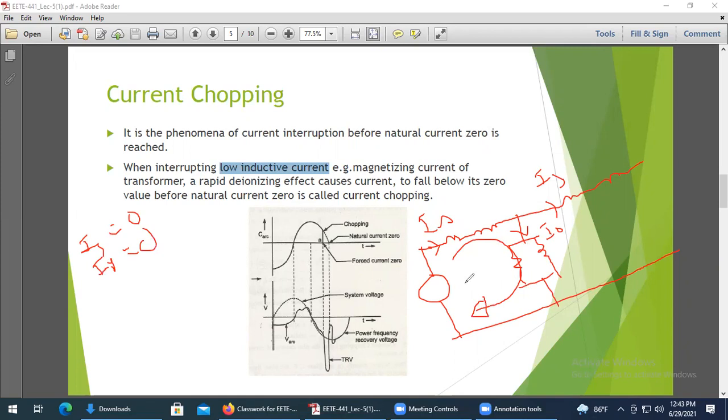Because of the no load component, now take a closer look. The secondary terminal is open here, so no current is flowing through the secondary terminal, but there will be a current in the primary winding because the transformer core will have to draw this no load component current.